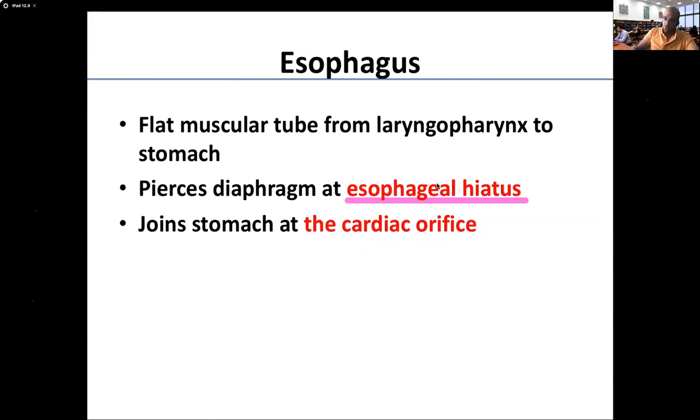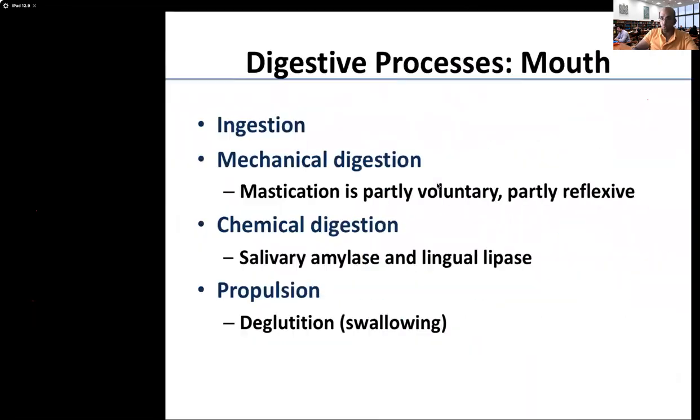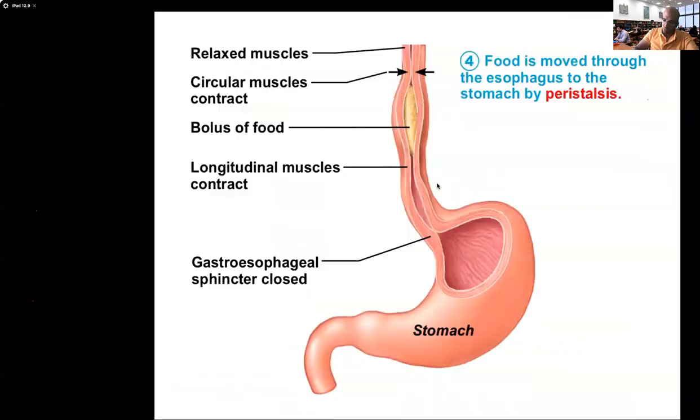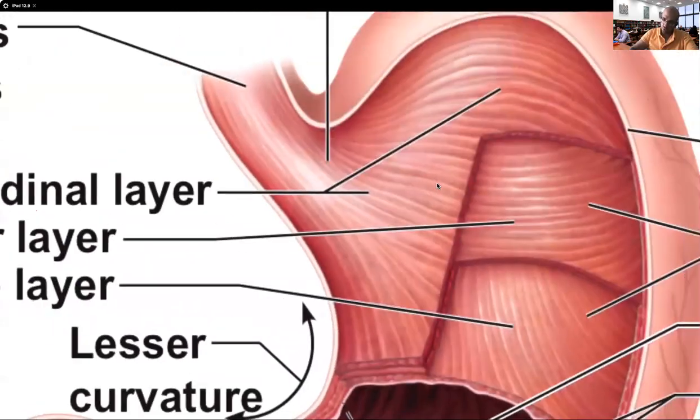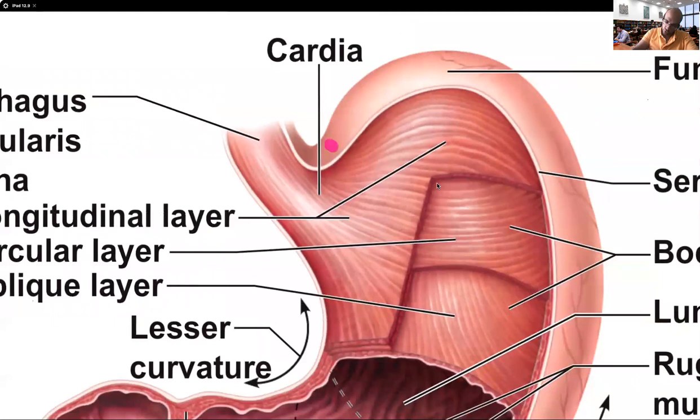It joins the stomach at the cardiac orifice. So if we're looking at the structure of the stomach on here, this region is what we call the cardia of the stomach. All right, so the esophagus is going down like this to join the stomach at the cardiac region, the cardiac sphincter.